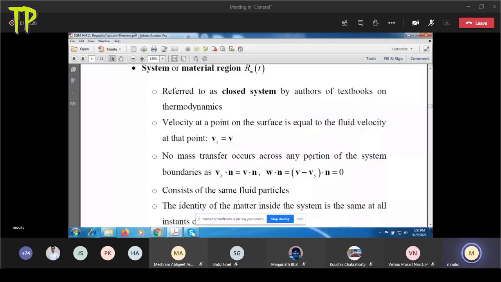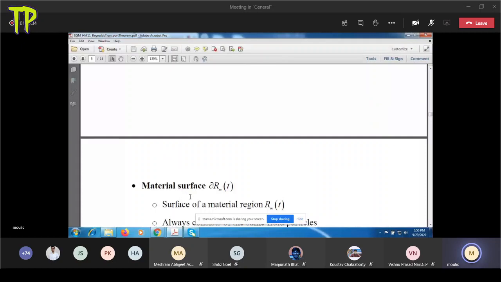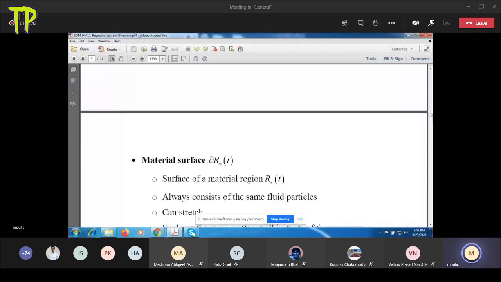So we can introduce another term, material surface, which is the surface of a material region, and I'll denote it by del Rm. A material surface will always consist of the same fluid particles.